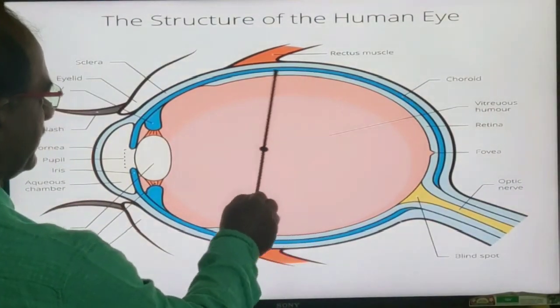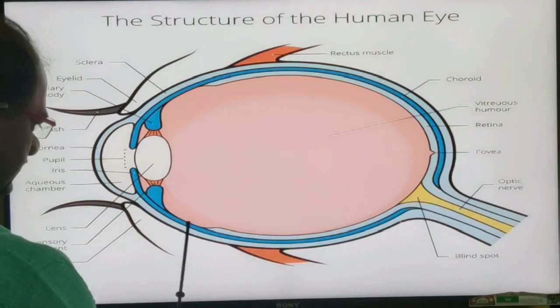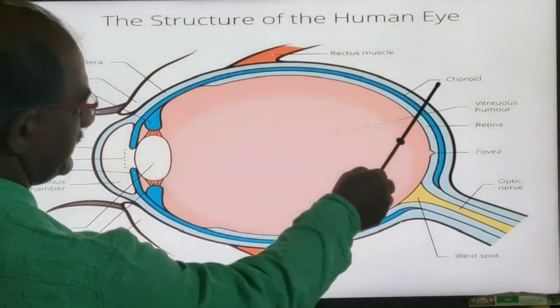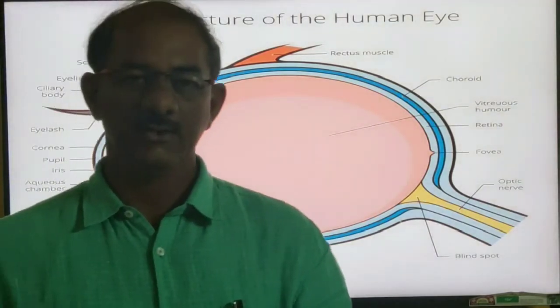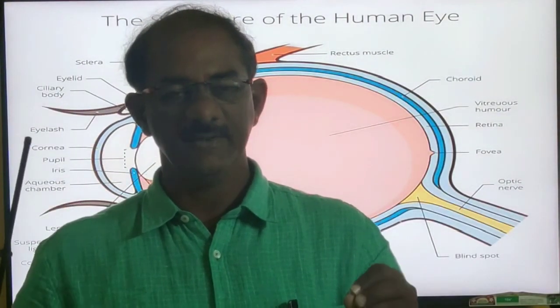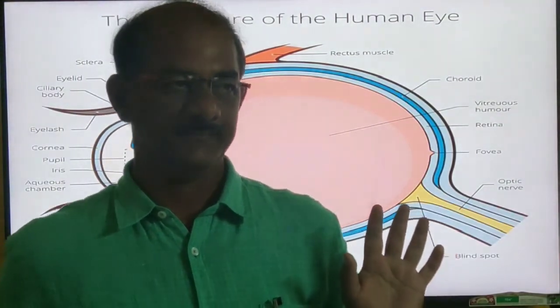Many blood vessels are present in that region, and it plays an important role in nourishing the retina.